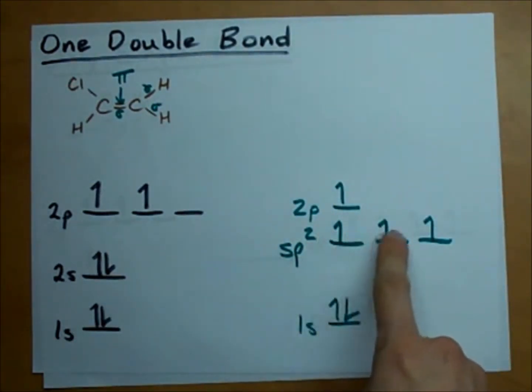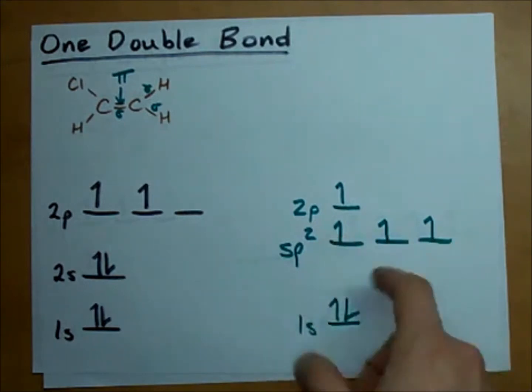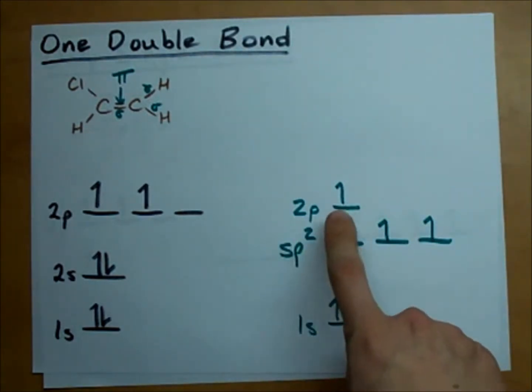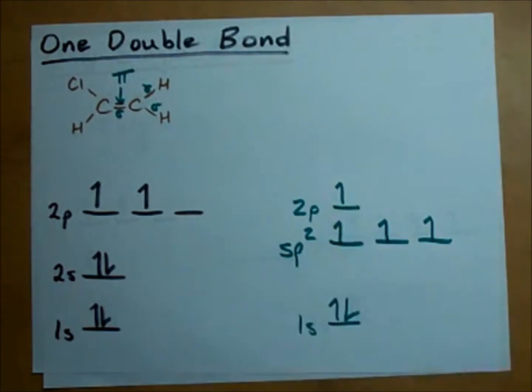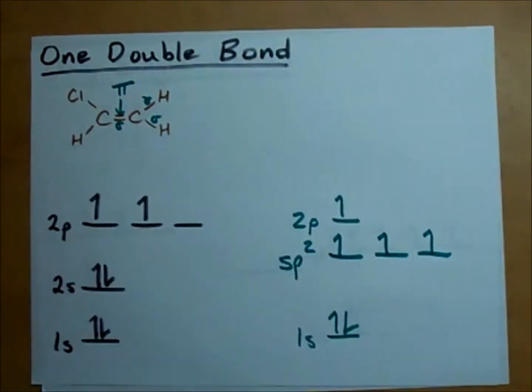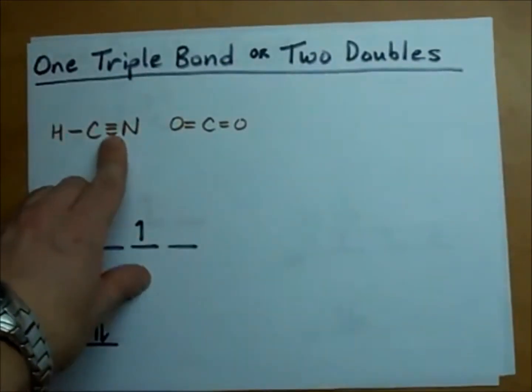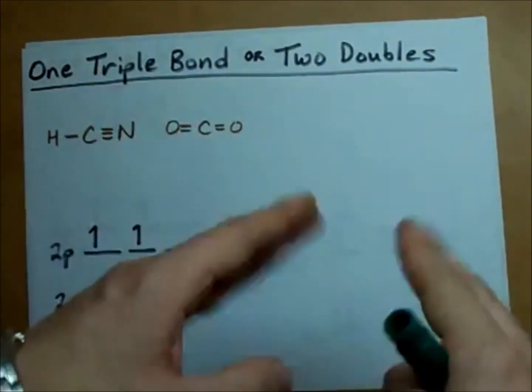Now we got 3 sigma bonds or single bonds and 1 opening for the double bond, or we can say pi bond.